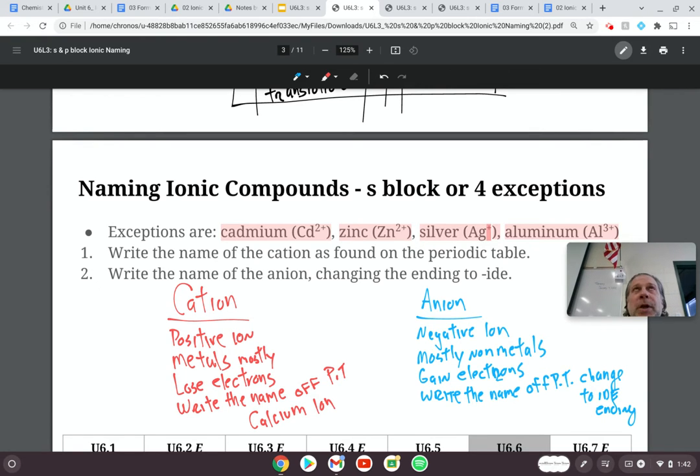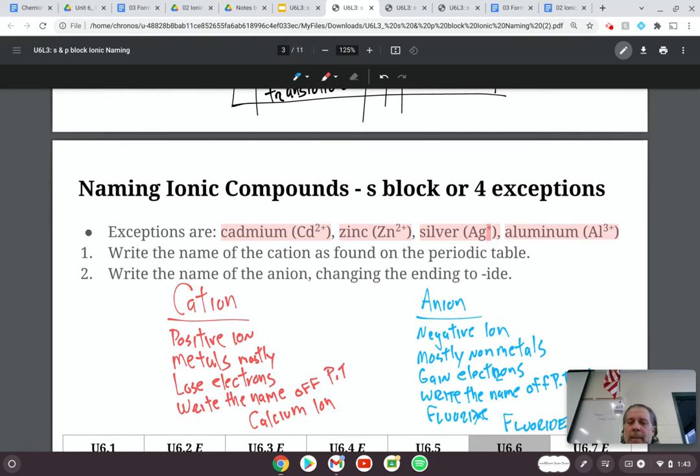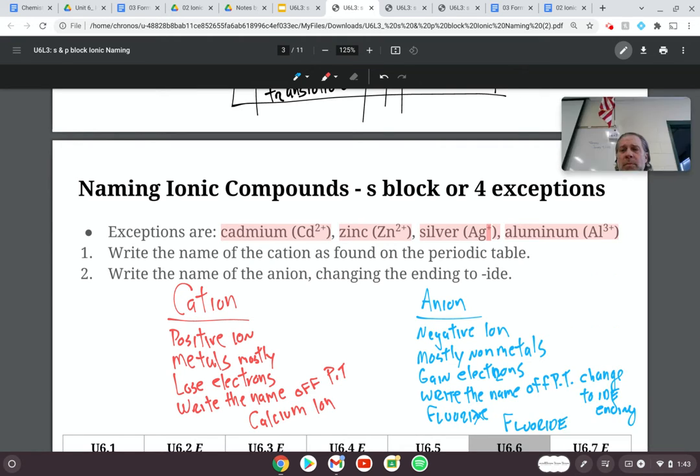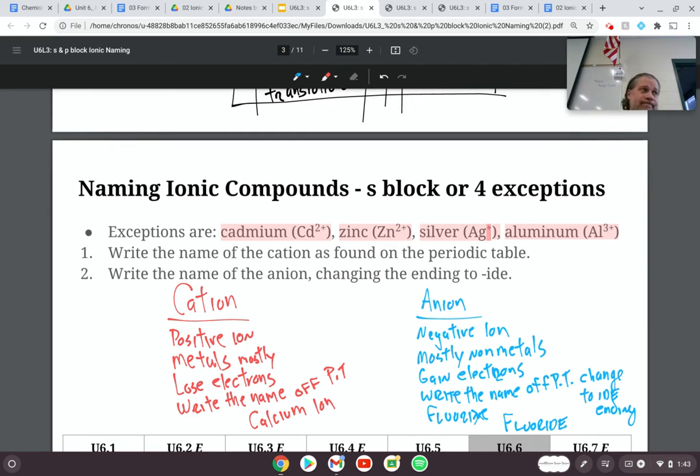So if we were to write something like fluorine, it would become fluoride. So chlorine becomes chloride, or nitrogen becomes nitride, or oxygen becomes oxide, or sulfur becomes sulfide. Phosphorus becomes phosphide, something along those lines.